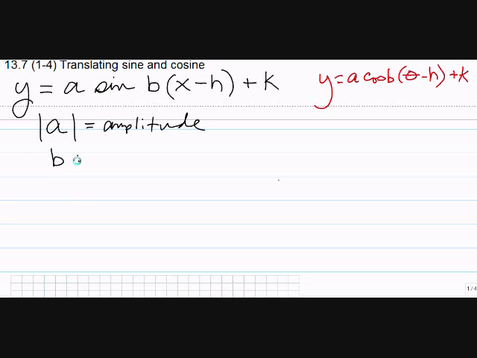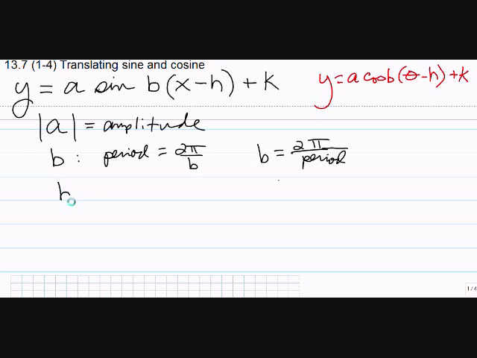But maybe it's easier to think that the period is 2 pi divided by B, or B is 2 pi divided by the period, to go backwards and forwards on that. So those two equations are equivalent.